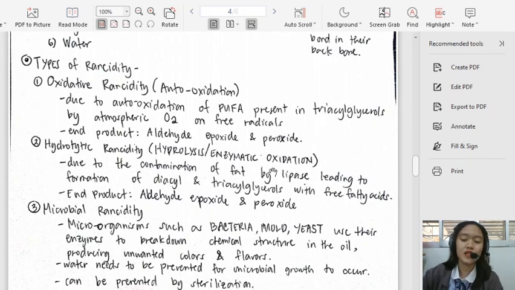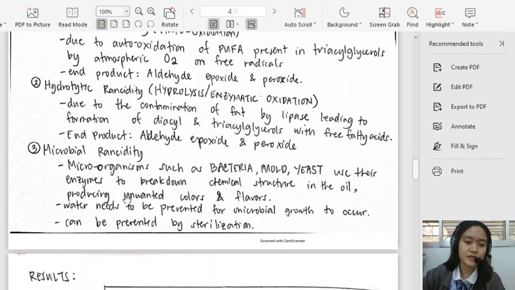It does not digest or catalyze the reactions of carbohydrates or proteins. It is only for lipids. When lipase is present, it will hydrolyze your fatty acids or lipids and form hydrolytic rancidity.